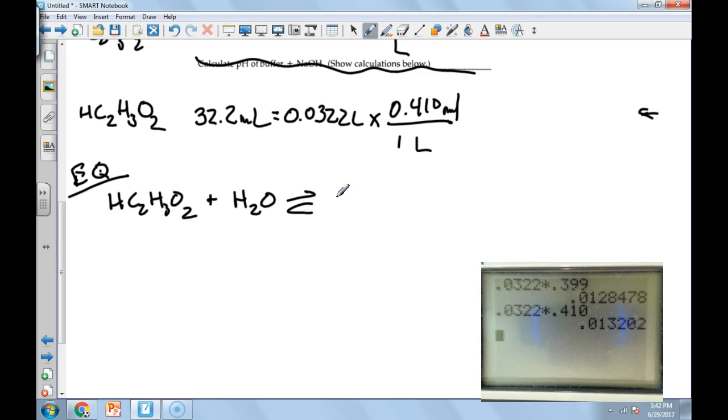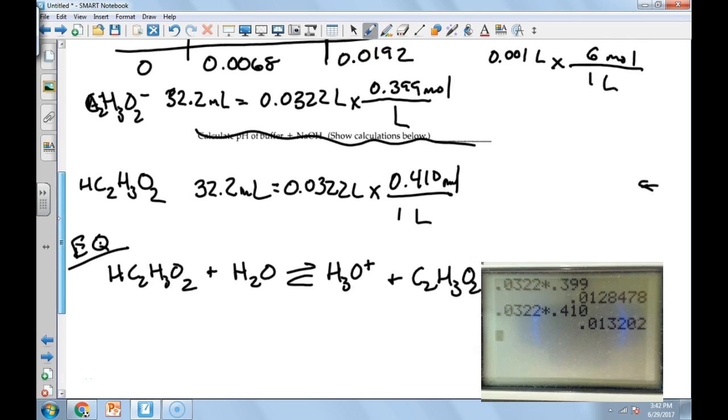Now that is in equilibrium with the hydronium ion plus C2H3O2 minus. And this now will get us to the pH of that solution, because that's how we figure out the pH of a weak solution, by doing equilibrium.